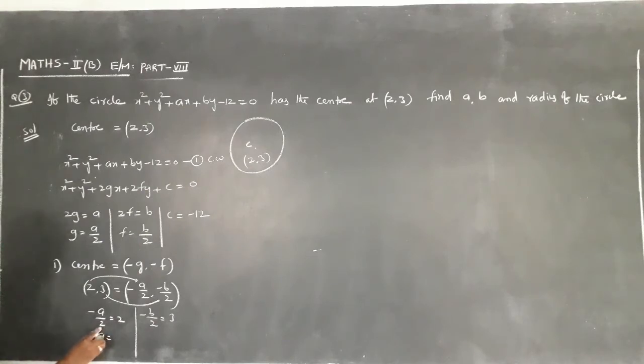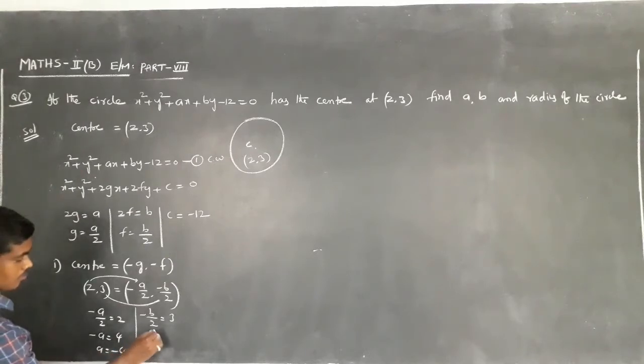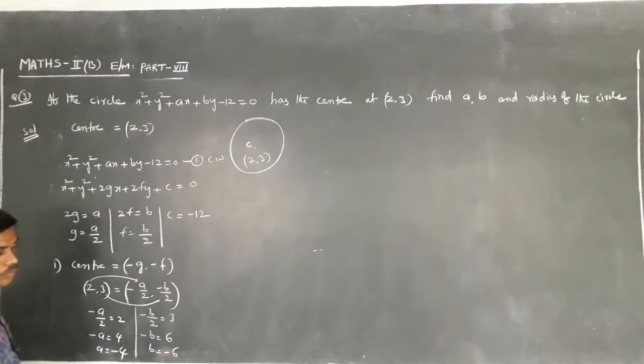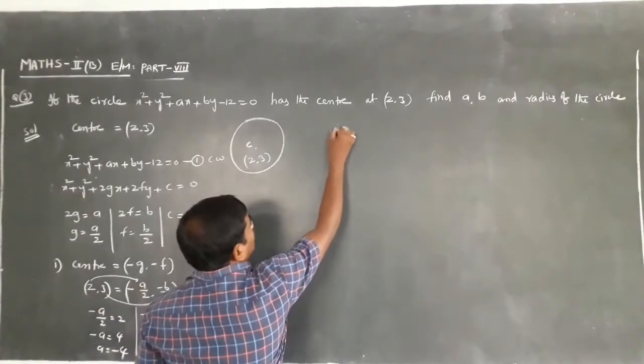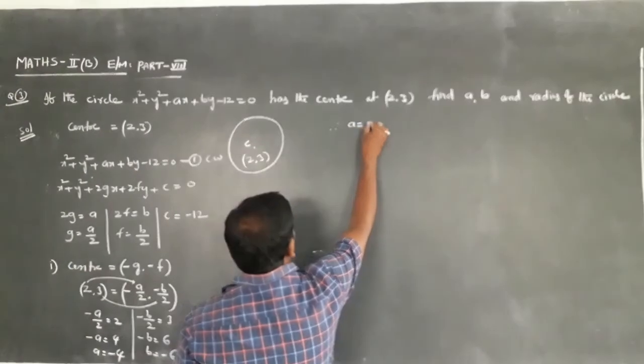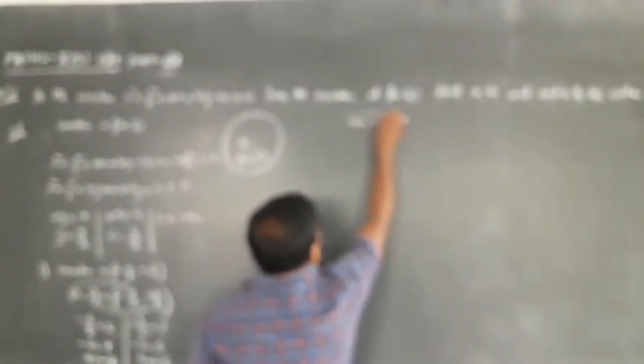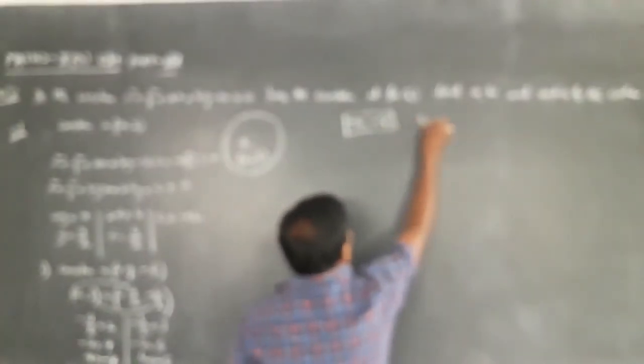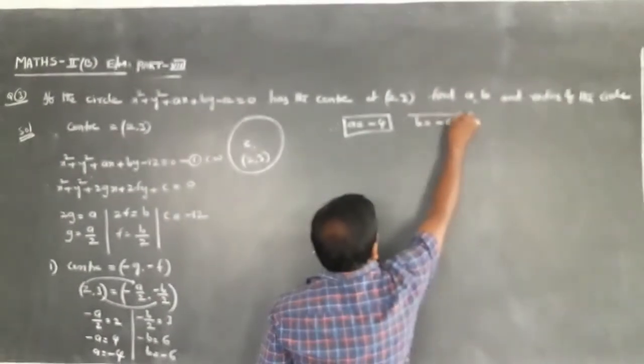Minus a is equal to 2 2s are 4, so a is equal to minus 4. Minus b is equal to 2 3s are 6, so b is equal to minus 6. Therefore a equal to minus 4 and b is equal to minus 6.